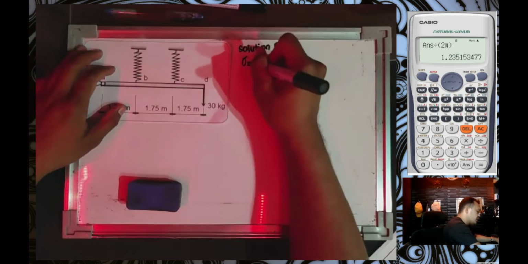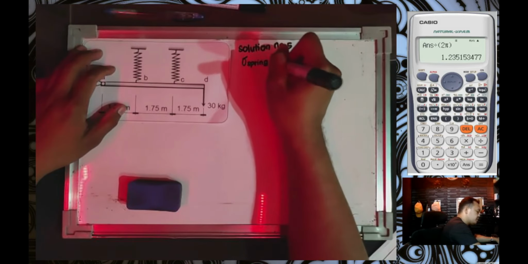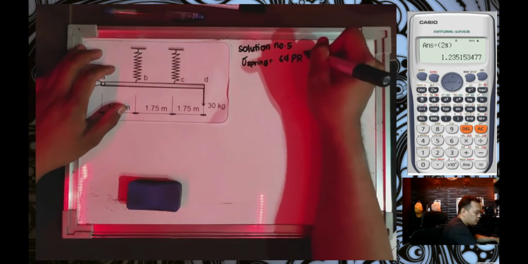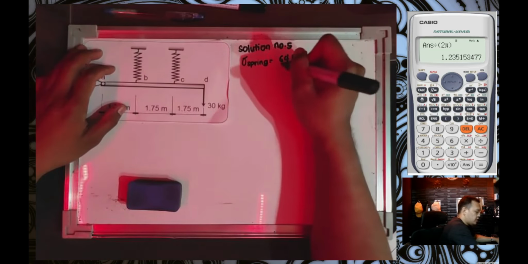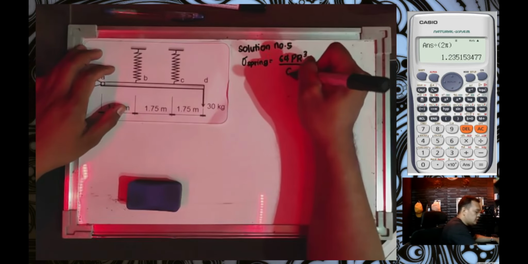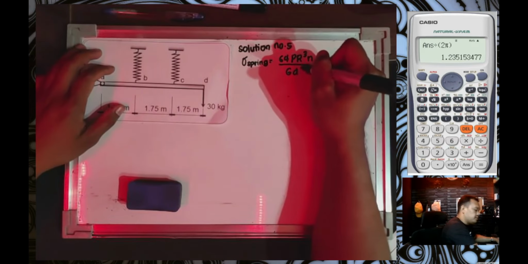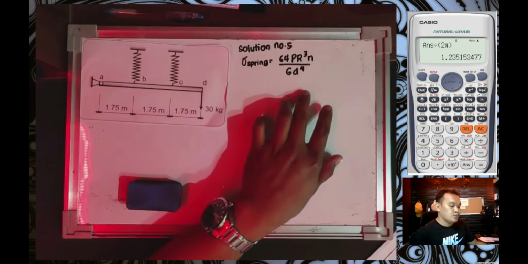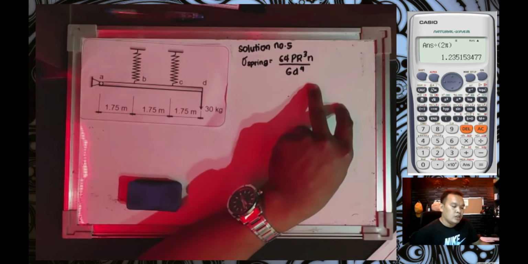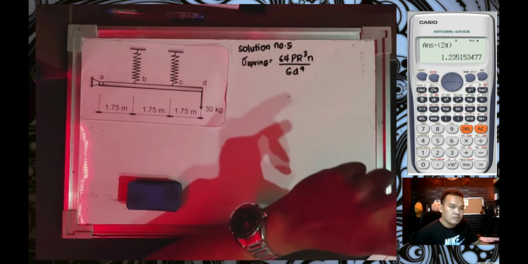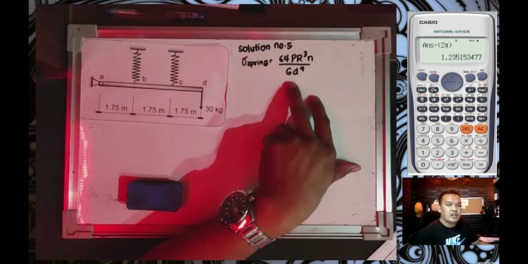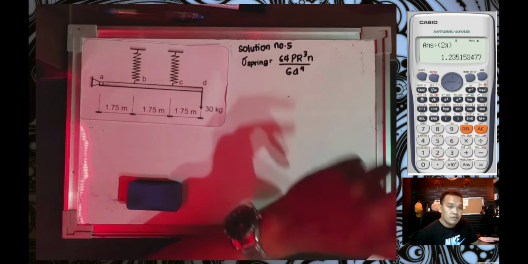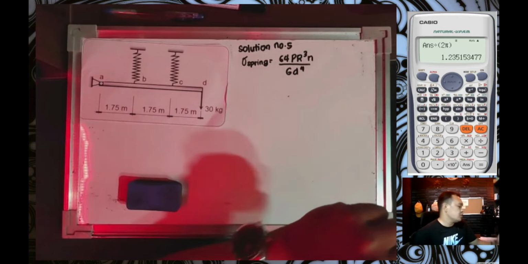Stress at spring is equivalent kay 64 PR to the third N over G d to the fourth. Okay? So 64 P is the force, R is the radius, N is the number of turns, given naman. Then yung G is the modulus of rigidity ulit. Then yung d is given ulit din sa problem.